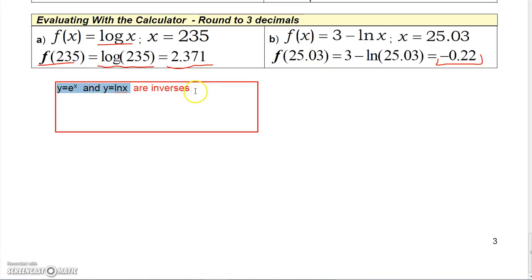And actually any exponential function that has a particular base will be the inverse of the corresponding log function that has the same base. So for example, if this was 2 to the x, its inverse would be log of x base 2. So that's the relationship between exponential functions and logs.